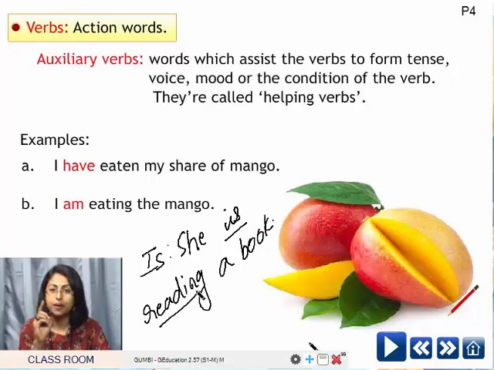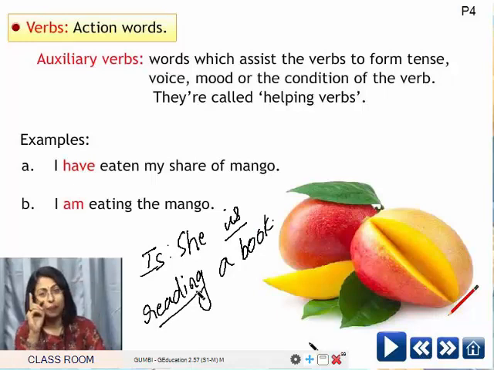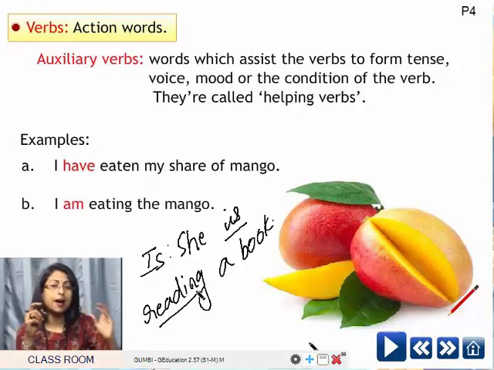Reading will be your verb. So I'm using is as my helping verb. Is that clear, students? So she is reading a book. He is playing. My mother is cooking. So cooking will be your verb.